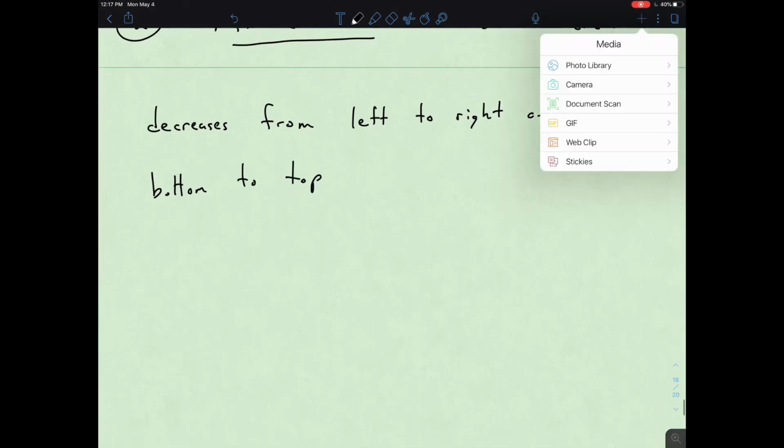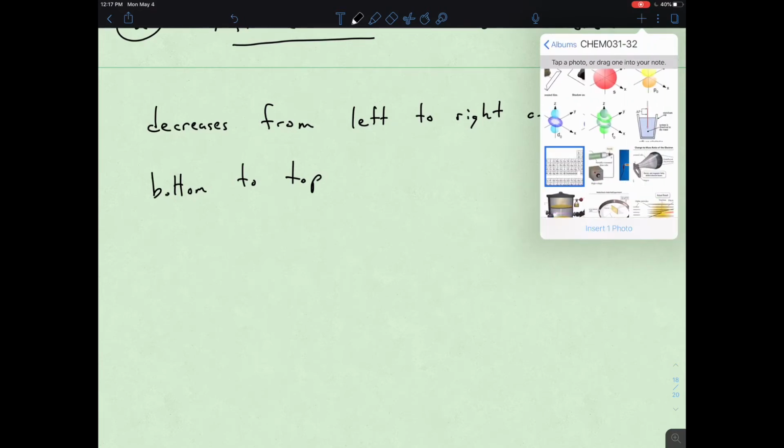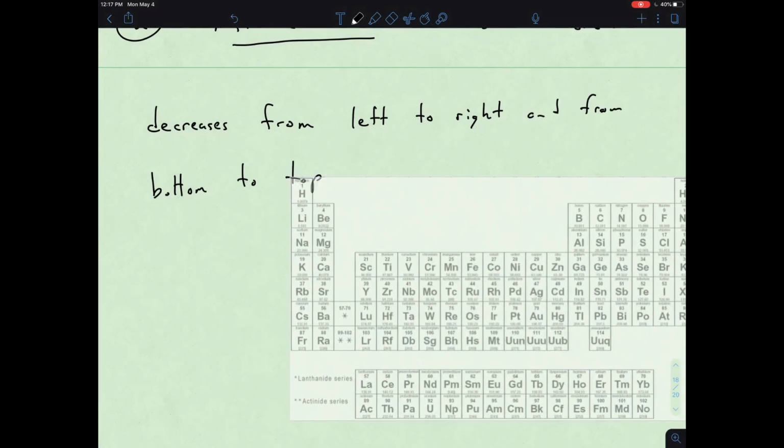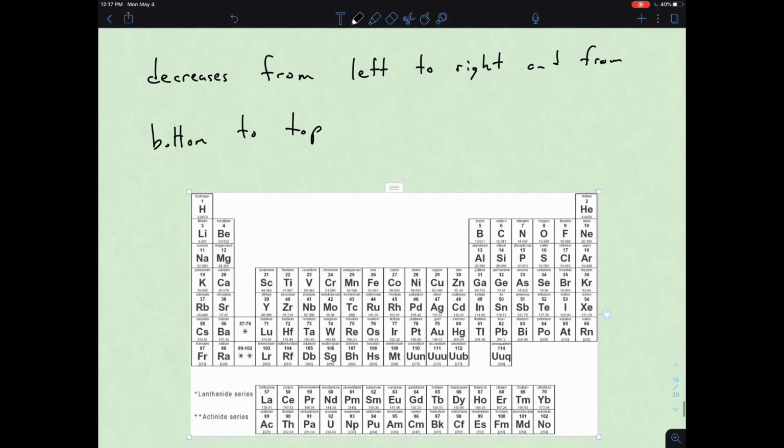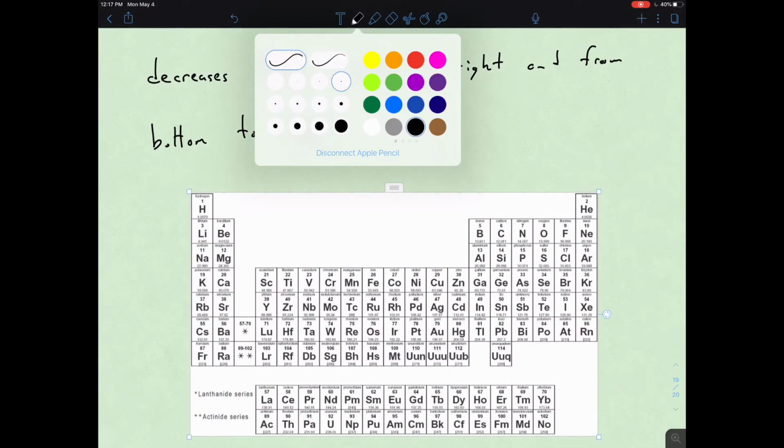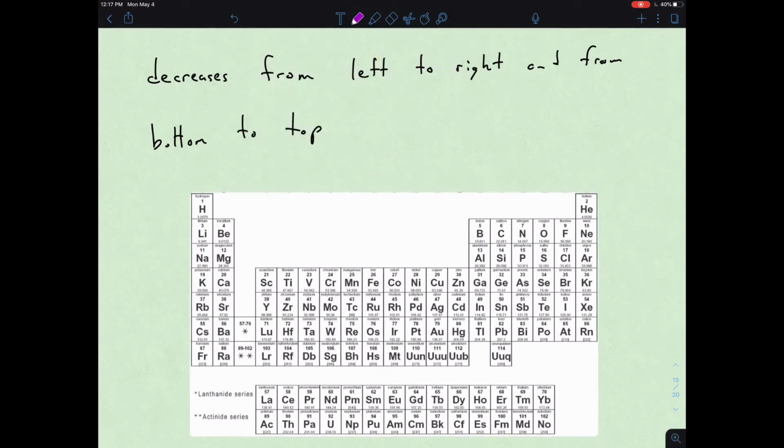So if we have our present periodic table here, now drawing this trend, we're talking about Z effect. I'm sorry, apologies. We're talking about atomic size decreases from left to right.